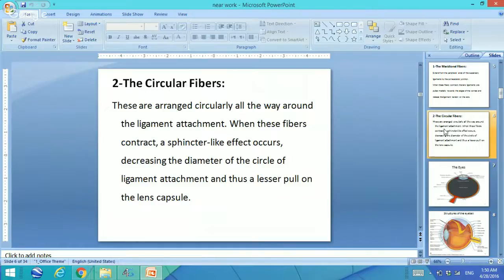When these fibers contract, a sphincter-like effect occurs. This will lead to a decrease in the diameter of the ligament, and so they will become lesser in stretch and in tension.